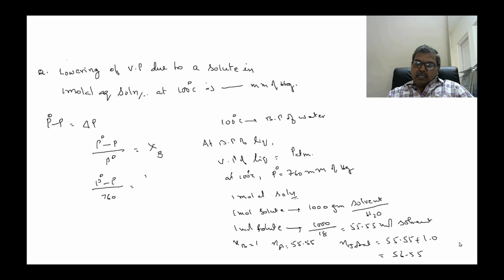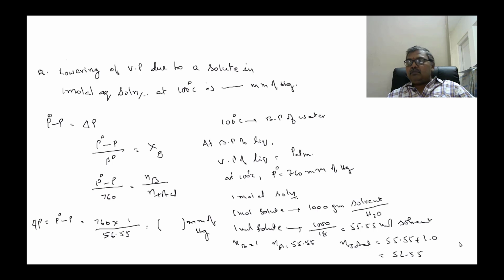So XB is nothing but NB by N total, the number of moles of solute by total number of moles in solution. So P0 minus P, which is delta P, is equal to 760 into 1 by 56.55. Then you will simplify this fraction, and you will get some value in mm of mercury. Clear?